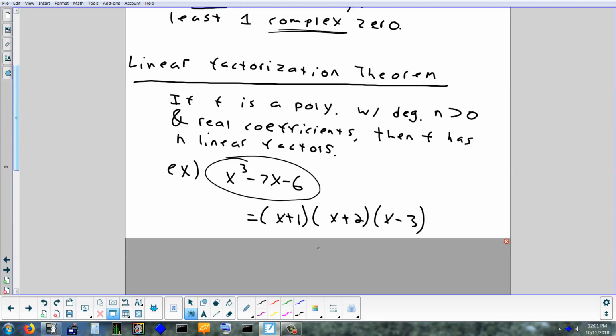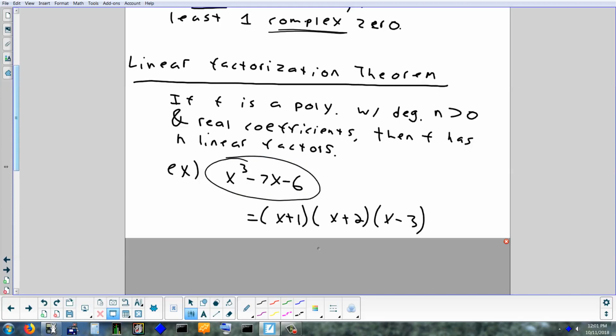Okay? Get a root, confirm it on the calculator, divide through synthetically by it. And actually, you know what? If you just did it once, it would turn into a quadratic, and then from there, you'd be able to factor the rest of it. So I take that back. You'd only have to use synthetic division once.